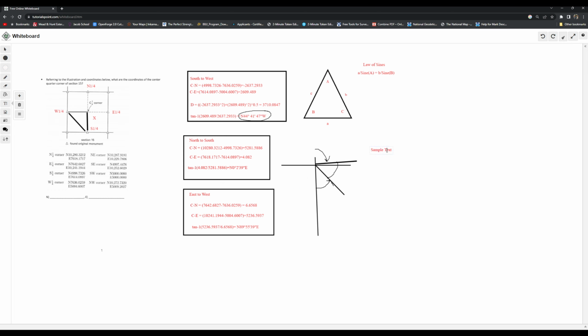So we know first we need to take 90 and subtract both sides. So 90 degrees 0 minutes 0 seconds minus 44 degrees 41 minutes 47 seconds, right? I'm going to make a note of this so you know how to solve these.